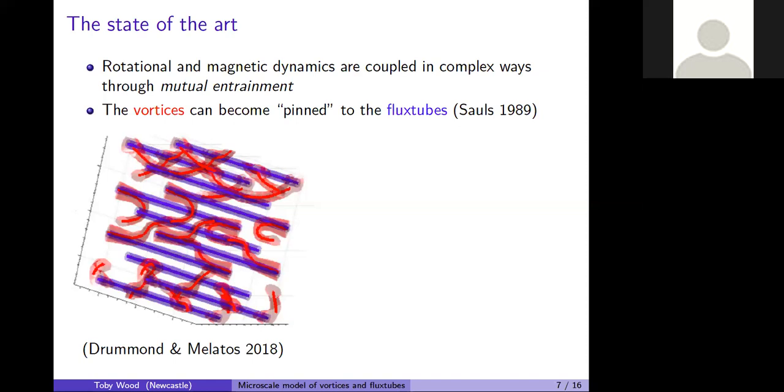Before you go on, can you talk a little bit more? So you say they're pinned, right? Yeah. That is not very informative. So do they tend basically to align locally, or does the one see the other as a topological obstruction to its motion? There is nothing to prevent them passing through topologically.